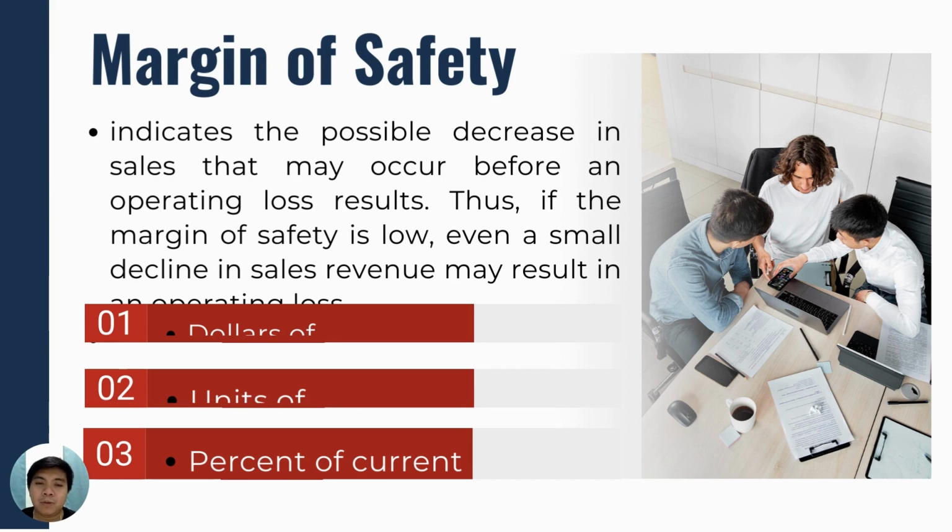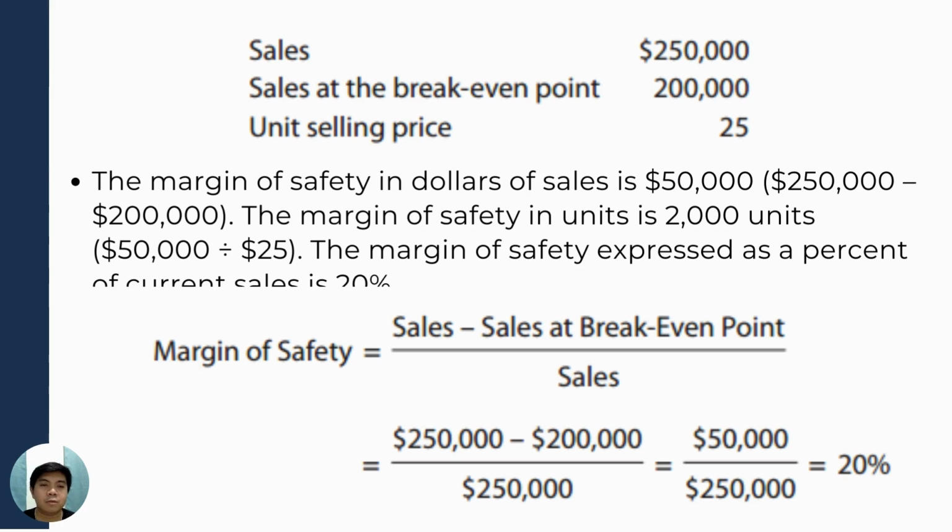The learning objective for this is to compute the margin of safety and explain its significance. The margin of safety may be expressed in the following ways: first is dollars of sales, second, units of sales, third, percent of current sales.